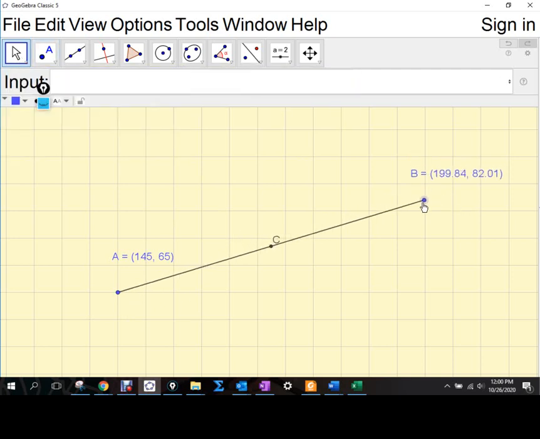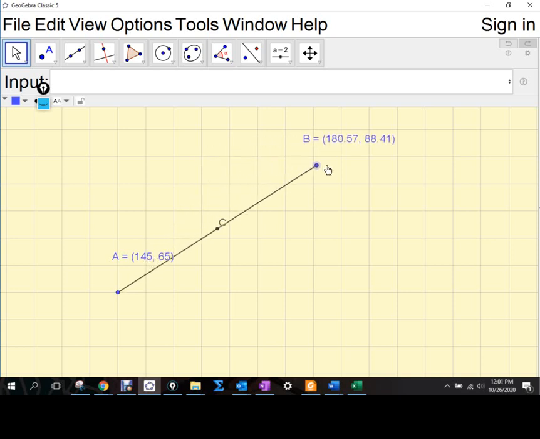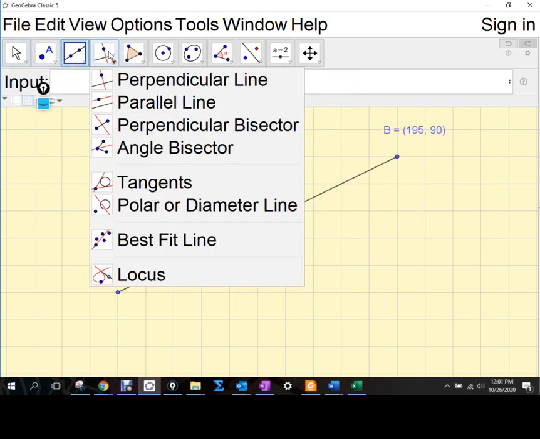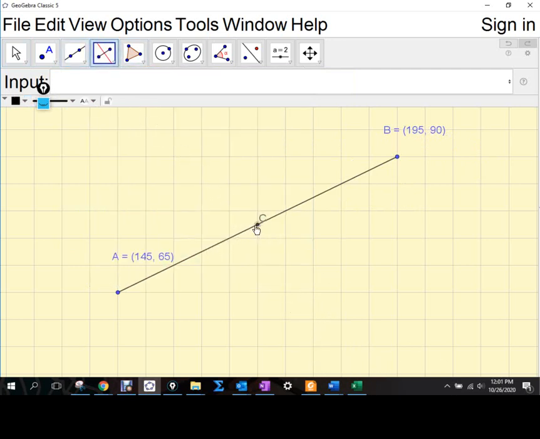Now I've got that set up so that wherever I move my segment, it's always going to be the midpoint of the segment. So now I want a line that is going to be perpendicular to that through C. So that line right there, and we can ask this to determine what that angle is.